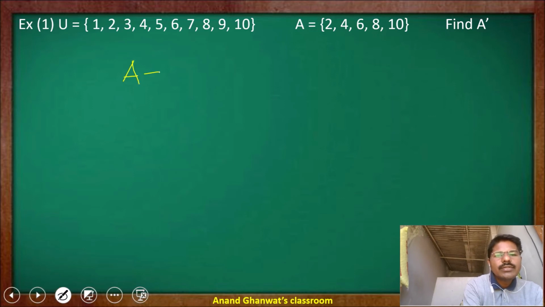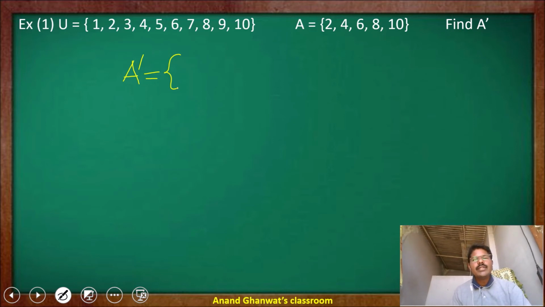As we have seen, the definition of A dash is the set of all elements which are not present in set A but present in the universal set.